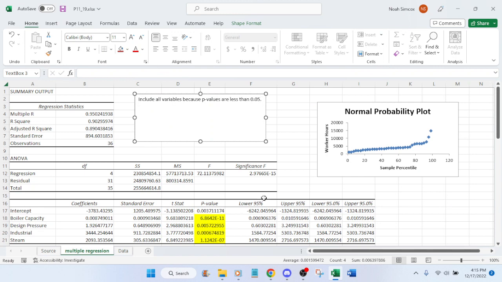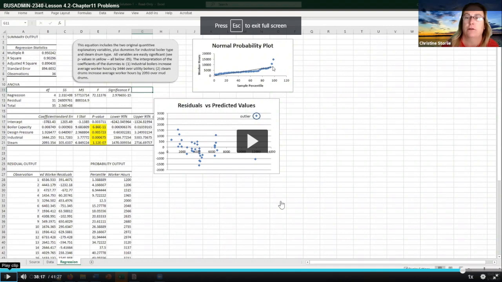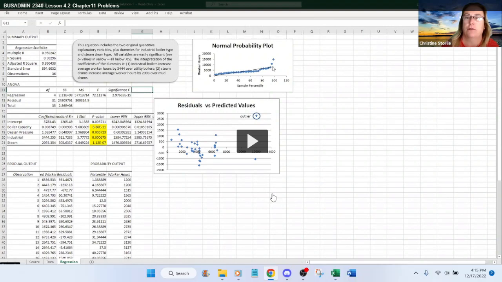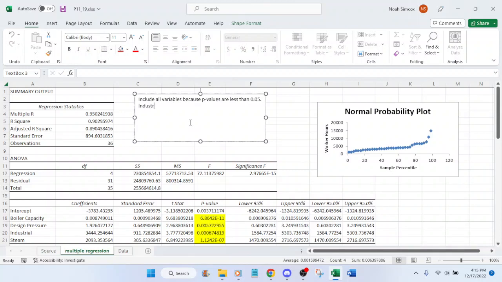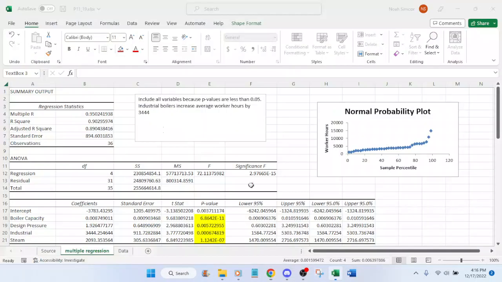Industrial boilers increase average worker hours by 3,444, and steam over utility boilers.